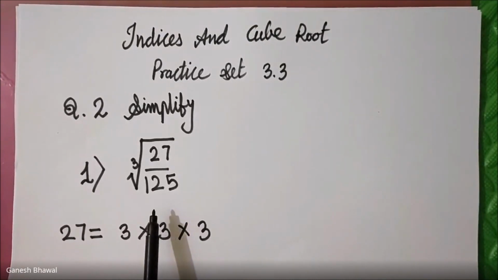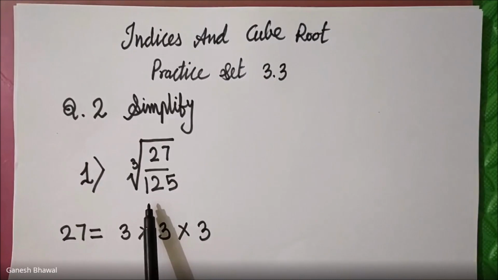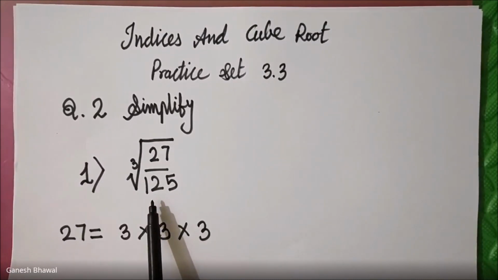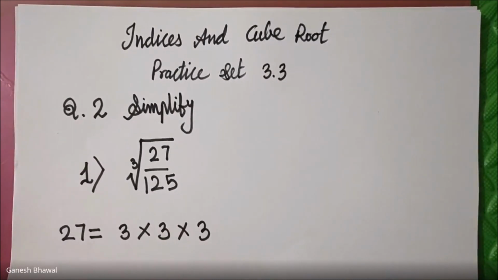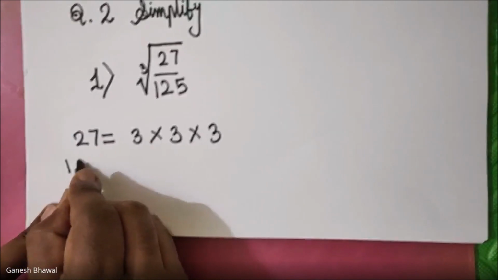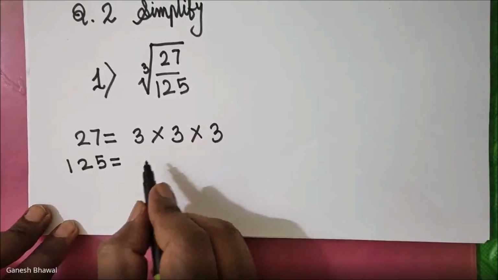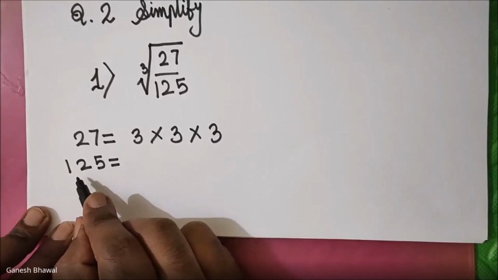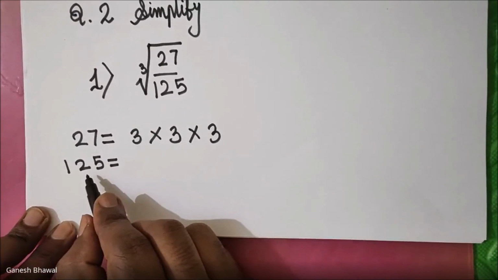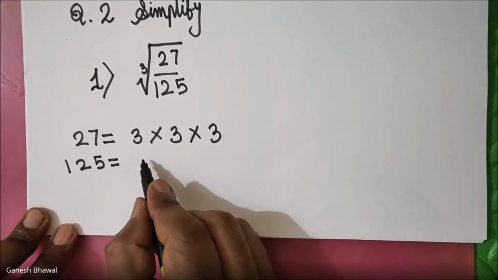Similarly, we will find factors for number 125. Take this number down, 125. Yes, 125 is the cube of 5.